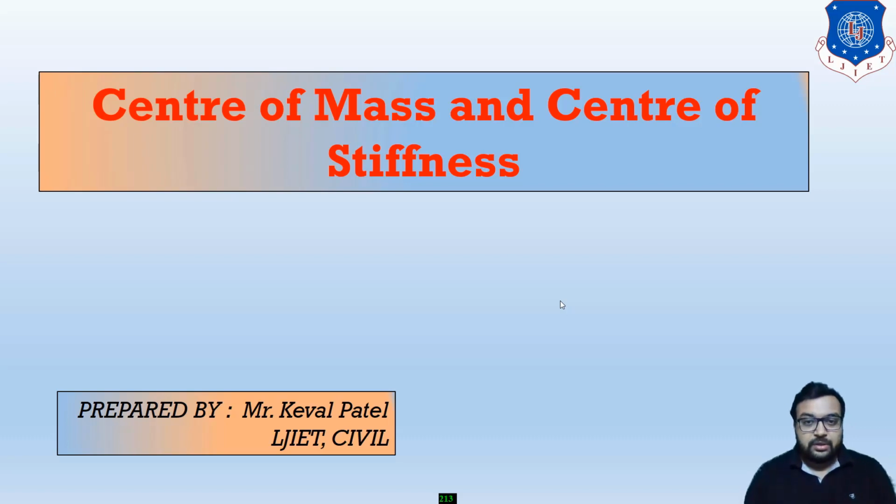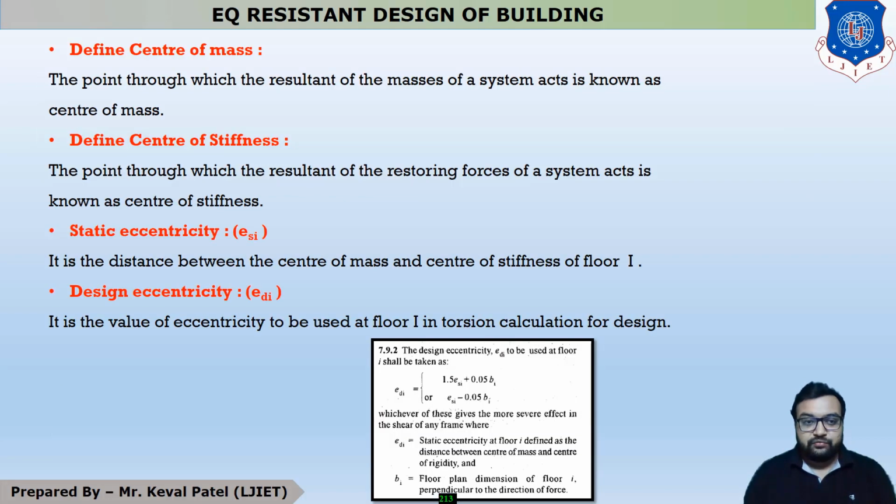So first of all, we have to define four definitions. First is center of mass. The definition is the point through which the resultant of masses of a system acts. In any system, there are lots of masses having different weights.